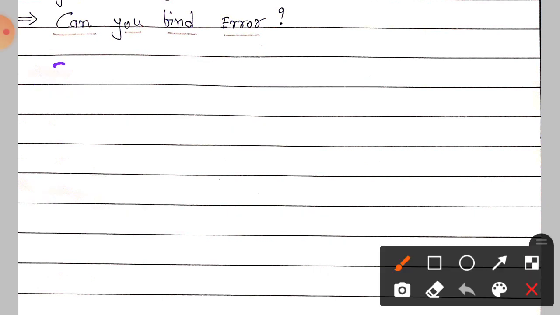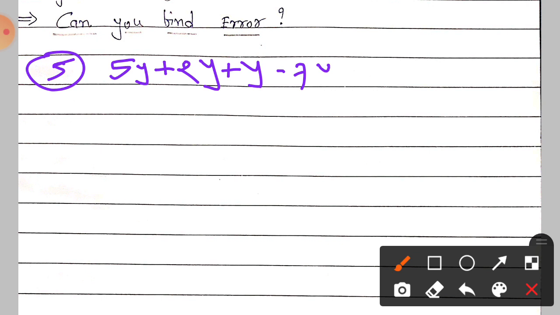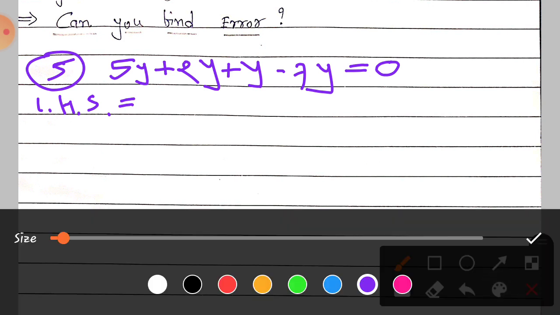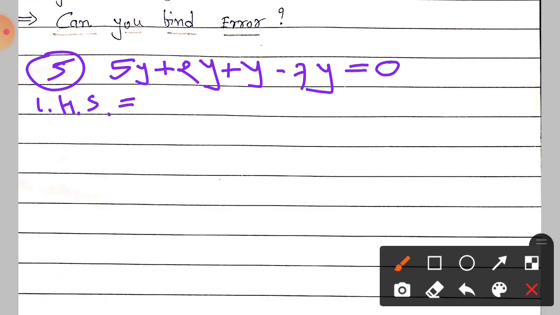That is question number 5. That is 5y plus 2y plus y minus 7y is equal to 0. So let's check whether the answer will be 0 or not. Correct? So take LHS first. That is 5y plus 2y plus y minus 7y, y is common.